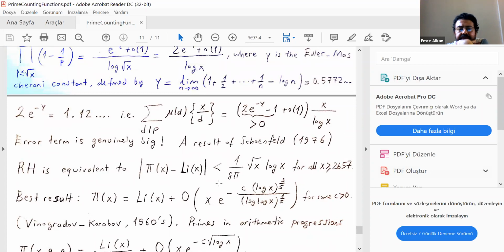But nevertheless, it's still an open problem to show things like this. And I don't know if this is the best way to approach the Riemann hypothesis, but it's nevertheless an equivalent form. And people are producing different equivalent forms of the Riemann hypothesis, I should say. I mean, there are probably thousands of equivalent forms.